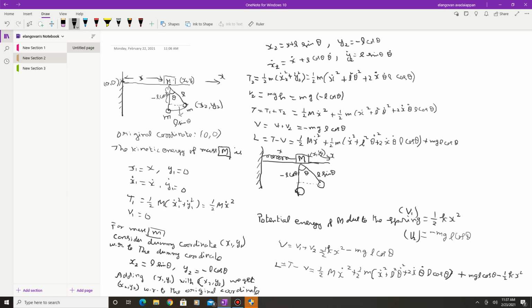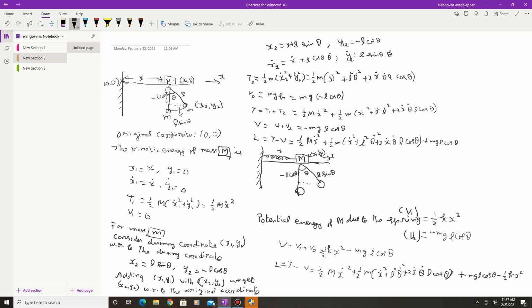Now let us calculate the kinetic energy and the potential energy for the bob of mass small m. The coordinate of the bob is x2, y2, and the coordinate of the block of mass M is x1, y1.